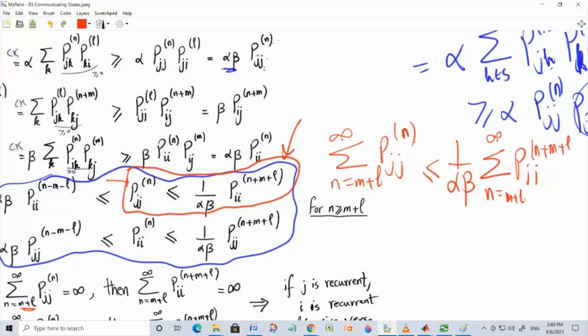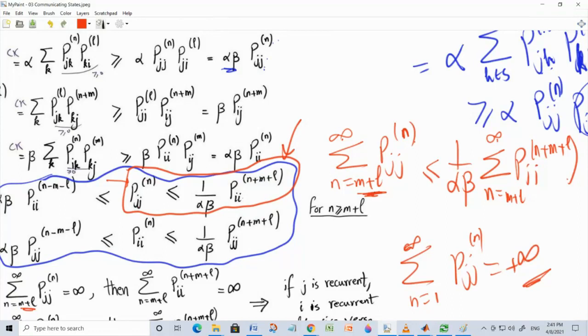Now suppose that J is a recurrent state. If J is a recurrent state, then the summation from 1 to infinity of Pjj of n is plus infinity. And if this summation is plus infinity, then if you start from any finite index to infinity, you also get infinity.